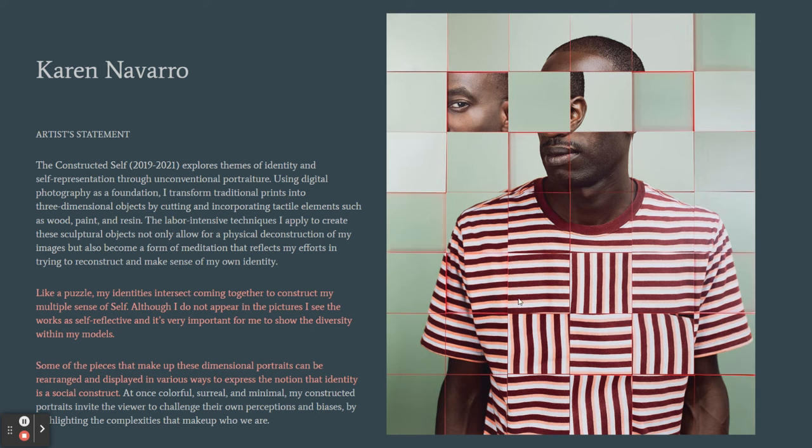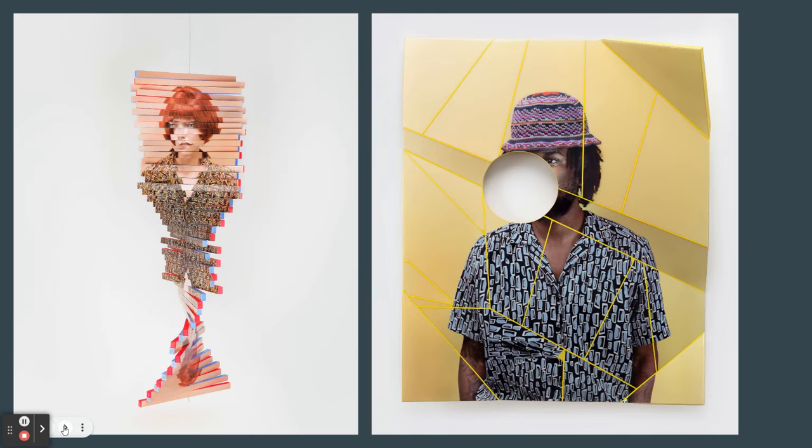So she takes these pictures, but then she cuts them up and puts them back together because all of us have identities that are maybe always changing, have different parts that are brought together. Maybe we feel like certain things are missing. So all of these choices of what she shoots, who she takes pictures of, what they're wearing, what the background is, what she does to the images afterwards, get across that idea of the way our identities are put together.